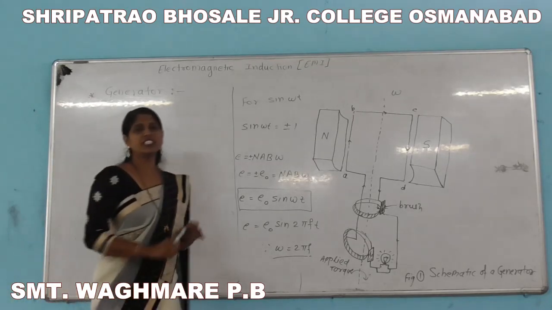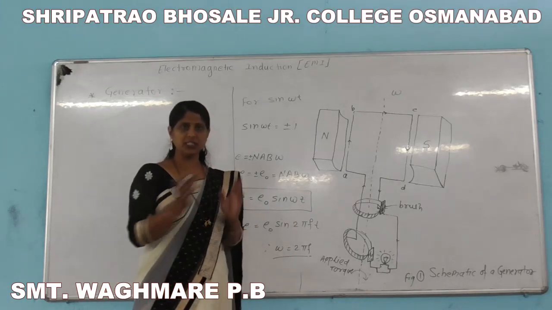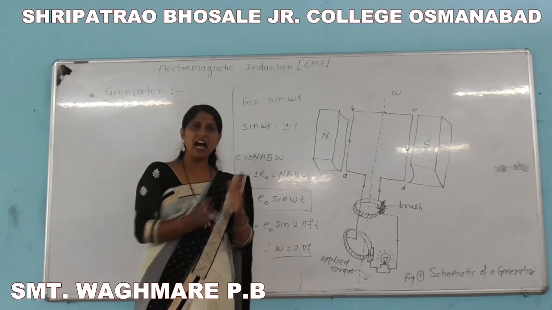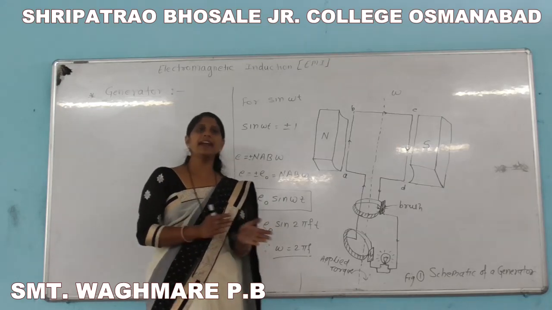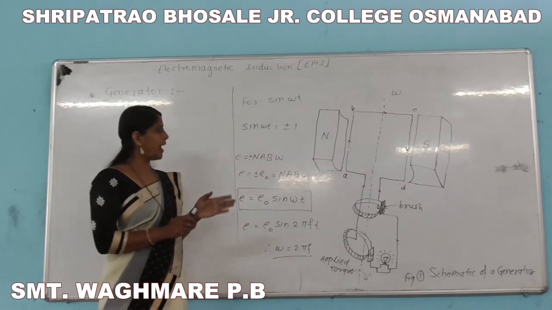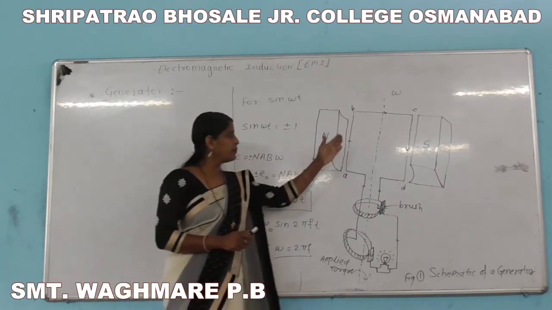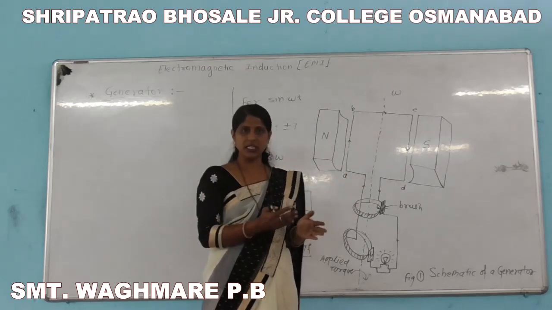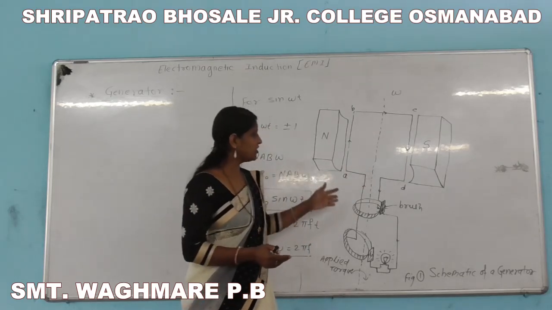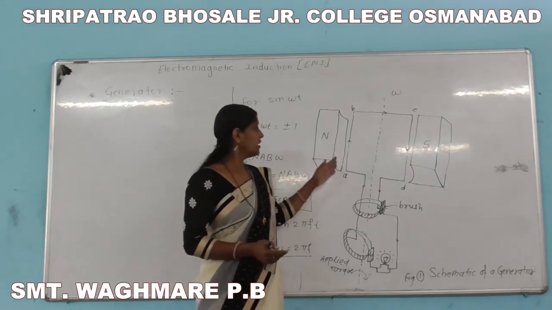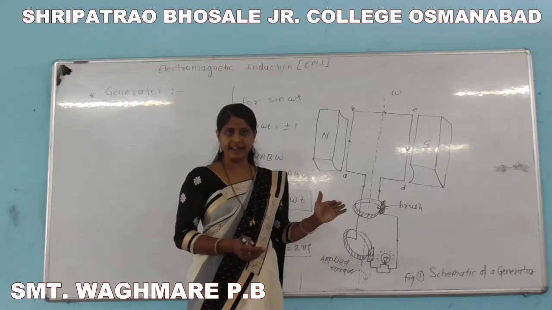By using this generator, we can produce AC current and DC current. AC means alternating current and DC means direct current. Why do we say alternating current? Because every half cycle the direction of current changes, and therefore we say alternating current.